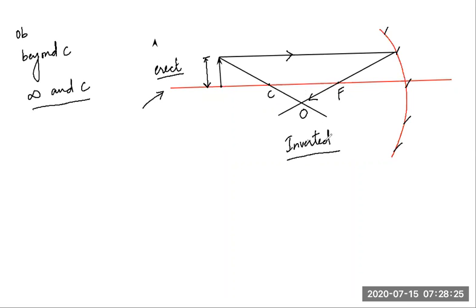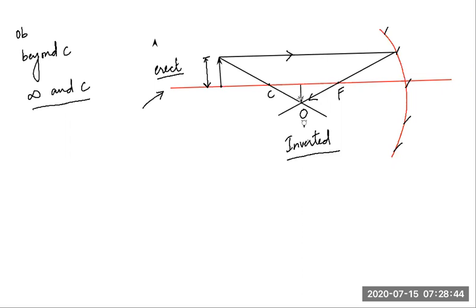And how will I draw it? This is the image, students. This arrow shows your image, and that is slightly diminished.